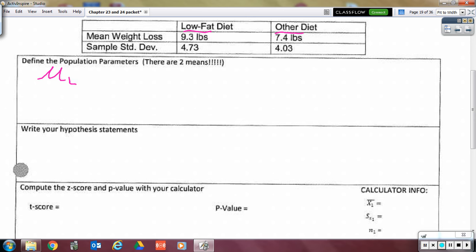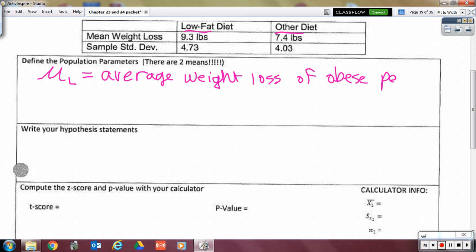Mu of L equals the average weight loss of obese people on the low-fat diet.